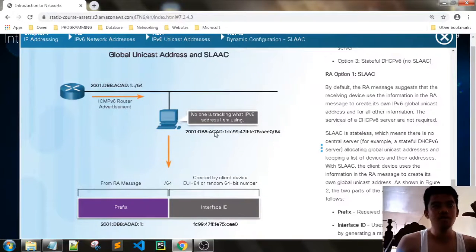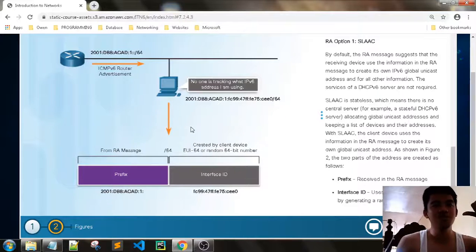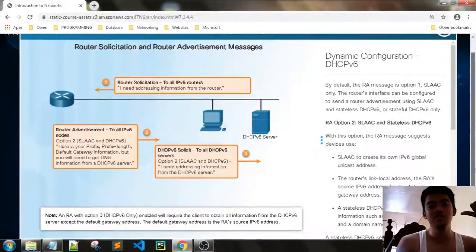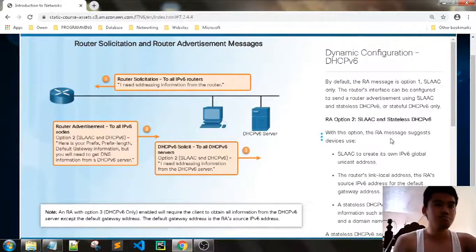In SLAAC only, we don't have a server, so there is no one tracking what IPv6 addresses are used. For SLAAC and stateless DHCP, router solicitation is just a device requesting an address, and then the router advertisement comes from the routers.